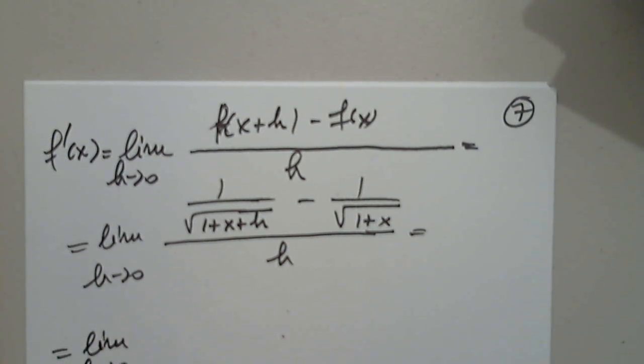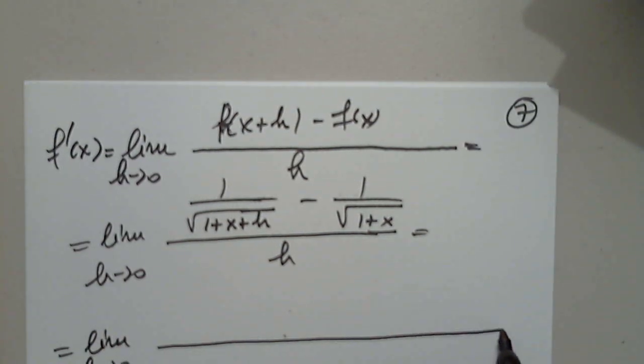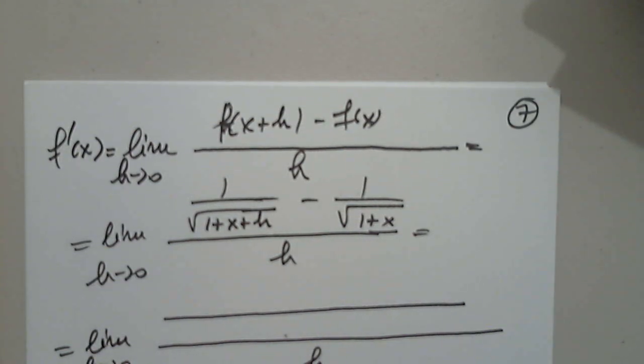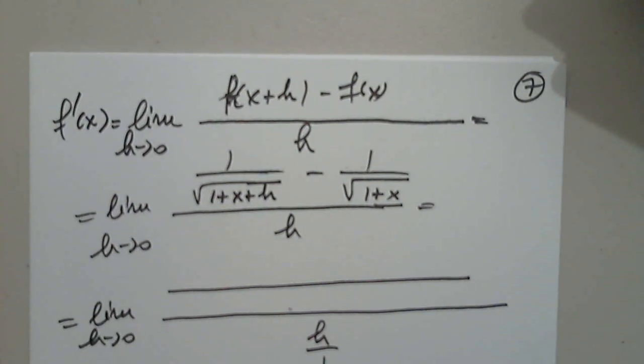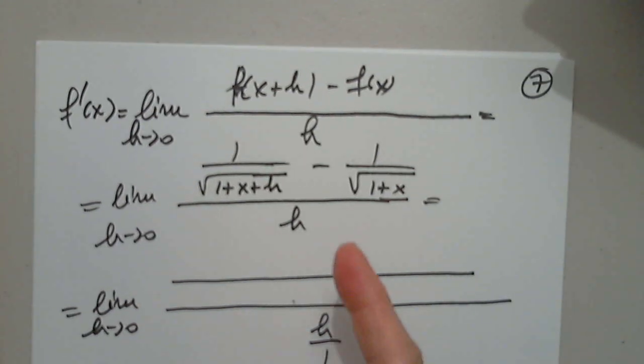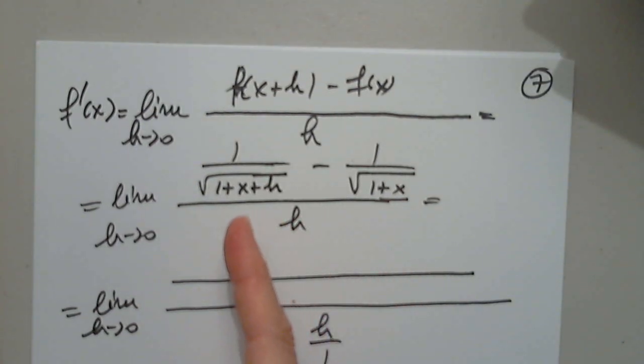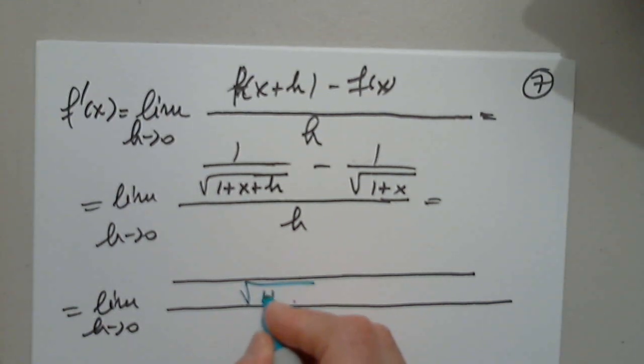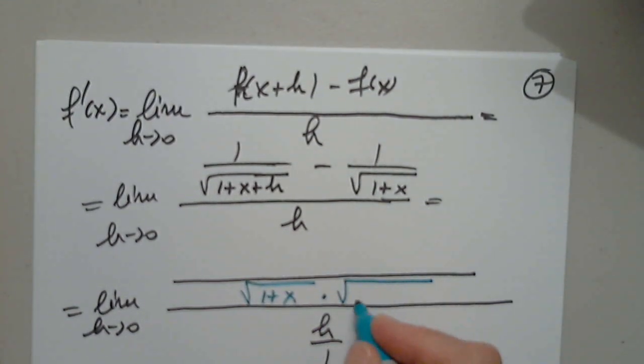The limit as h approaches 0, I have to find the LCD. What is the LCD? The square root of 1 plus x plus h times the square root of 1 plus x. It has to be forever the product.